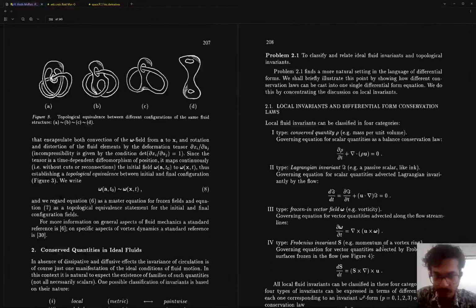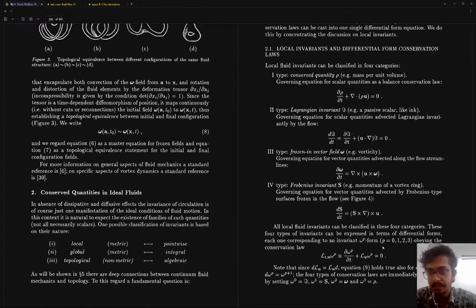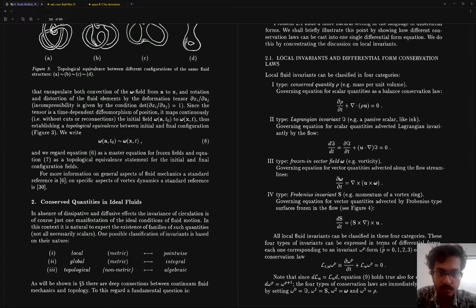That is fine. Now what they're trying to say is we can classify local invariants which are dependent on the metric. Well, they are not really dependent on the metric eventually. I don't know. Doesn't matter. Point is, there should be four types of metric invariants, local invariants.